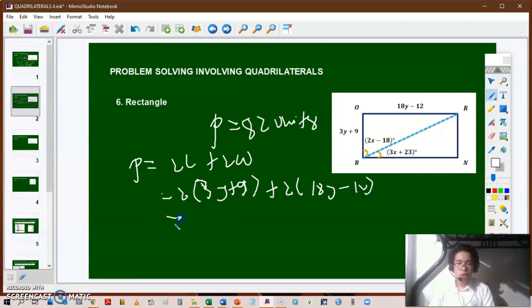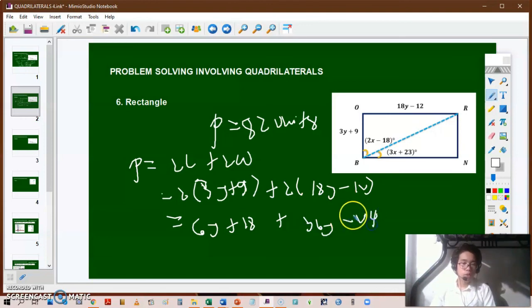So that's going to be 2 times 3y, which is 6y, and then 2 times 9, that's going to be 18, plus 18, and then plus 2 times 18y, so that's 36y, and then 2 times negative 12, that's going to be negative 24, so it's equal to 82.